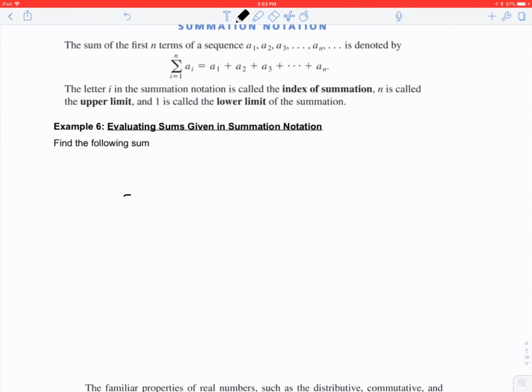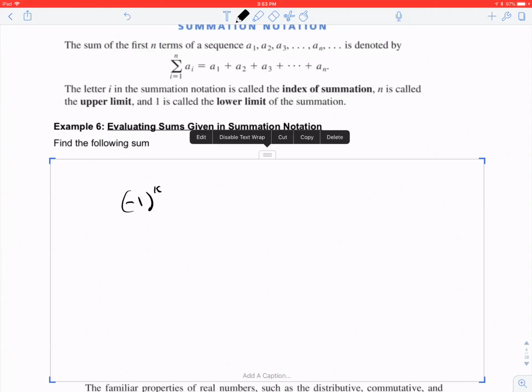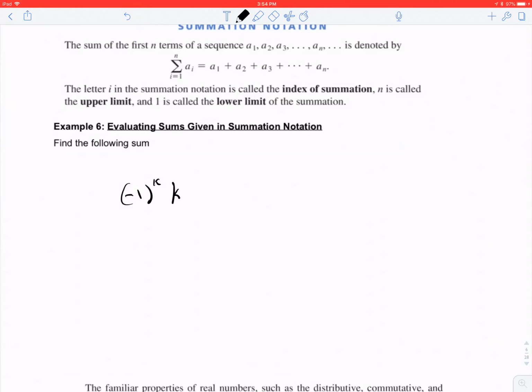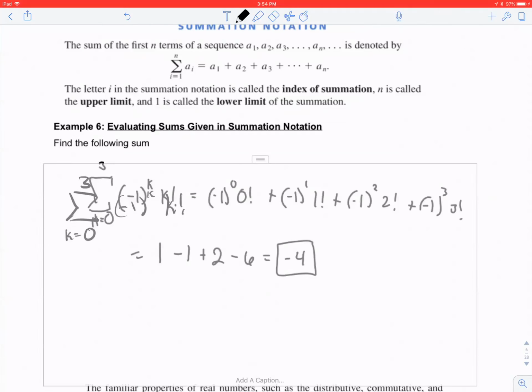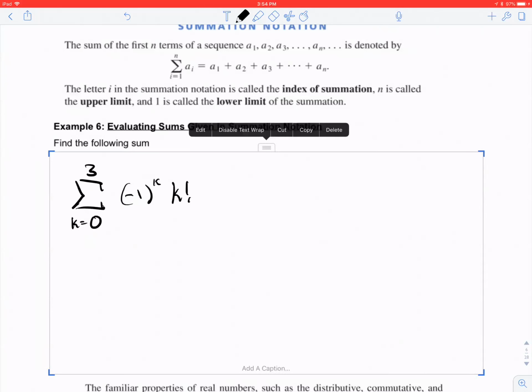So it looked like it was negative 1 to the k, I can't remember, k factorial and 0 to 3. It's k factorial, and the sum, as k goes from 0 to 3, I think that's everything. Let me look at it one more time. K goes from 0 to 3, negative 1 to the k. Okay, so we're asked to find that sum.